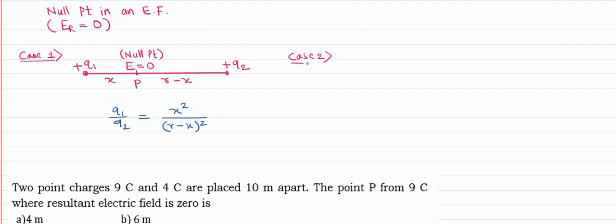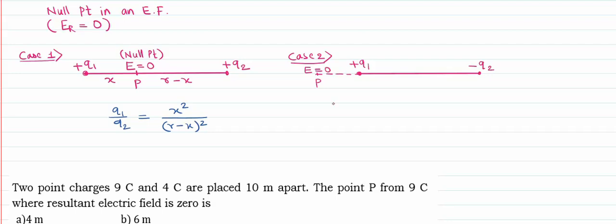This is one case. Now case 2. Here you have one charge positive and another charge negative. I will take this as plus Q1 and this as minus Q2. When one is positive and another is negative, you will have a null point outside the line joining the two charges.